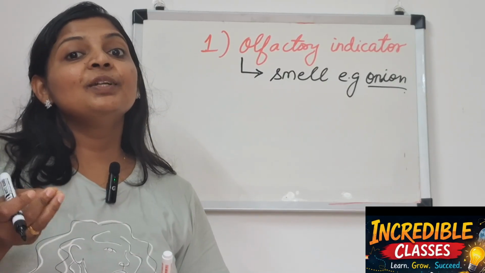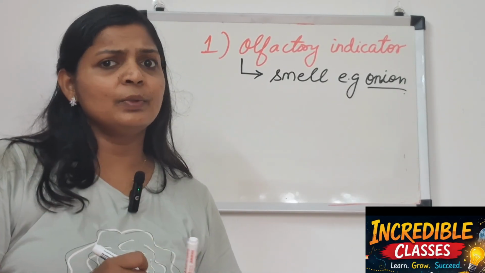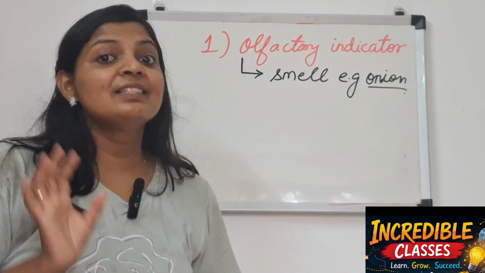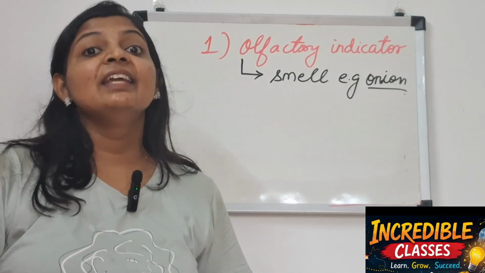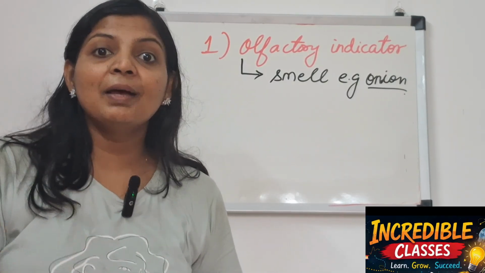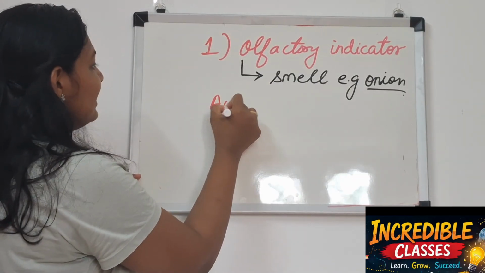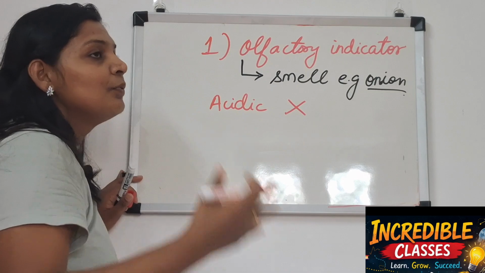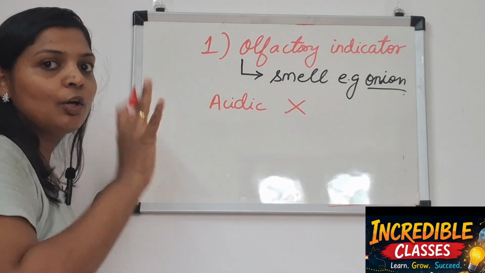So these onions have a particular smell. When you put an acidic liquid onto it, it will not change its smell. It will have the same smell that it normally had.